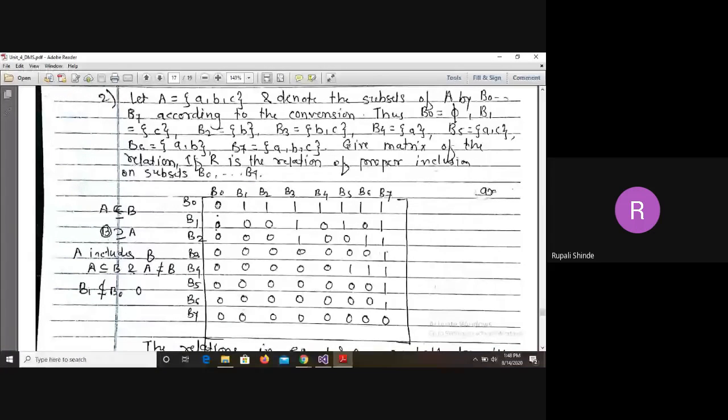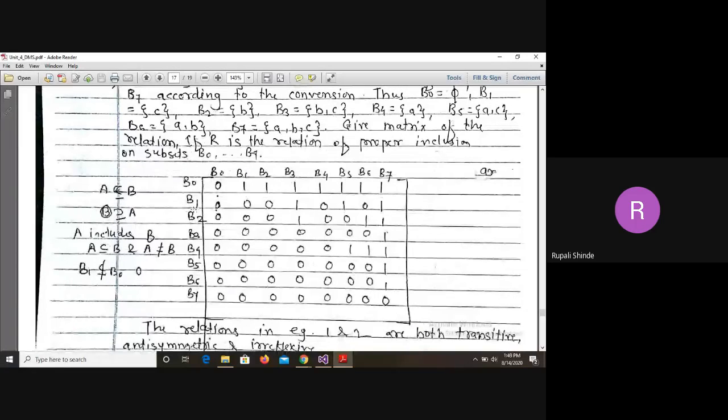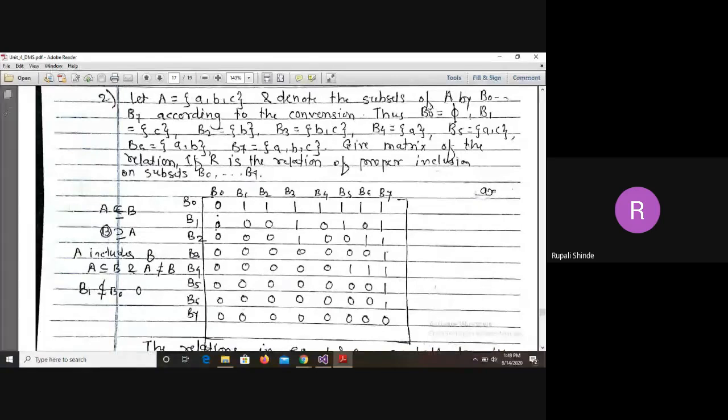Okay. Now check the second row. That row is B1. Now check whether B1 is a proper subset of B0. B1 consists of set C and B0 consists of phi. No, this is not a proper subset. Now B1, B1: again, this cannot be a proper subset because these two sets are equal. B1, B2: B1 consists of set C, B2 consists of set B. So again, there is no subset relation here.